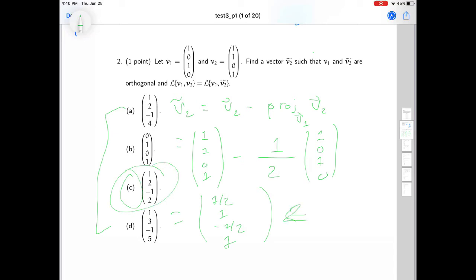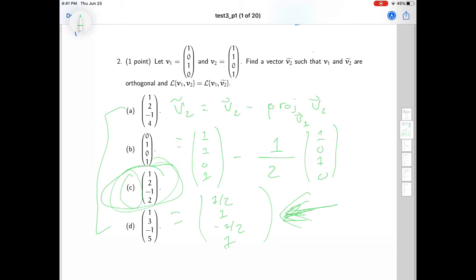Well, the vector that I just circled is a multiple of this vector, and this v2 tilde vector that I just defined is a linear combination of v1 and v2. So the linear spans are equal to each other, and this shows us that answer choice C is the correct answer choice.